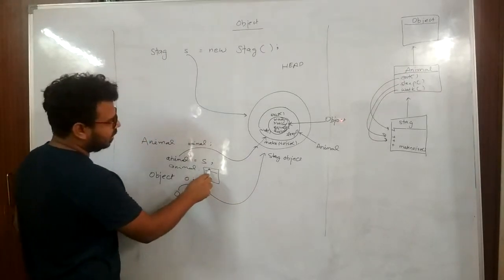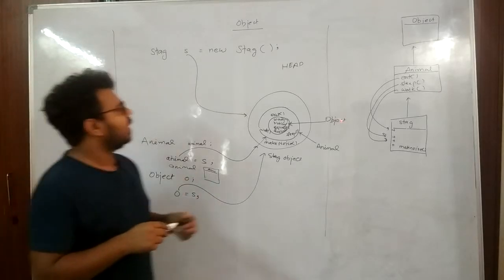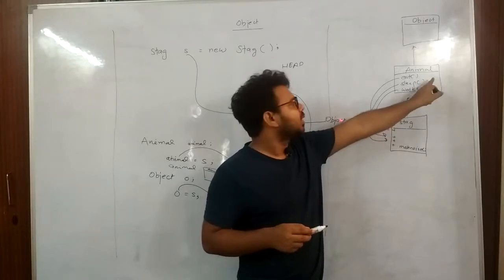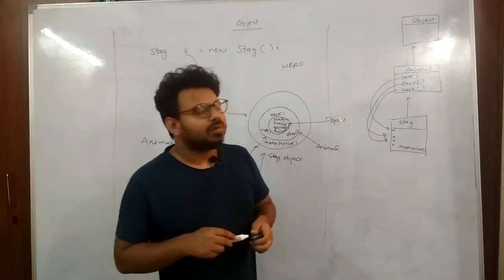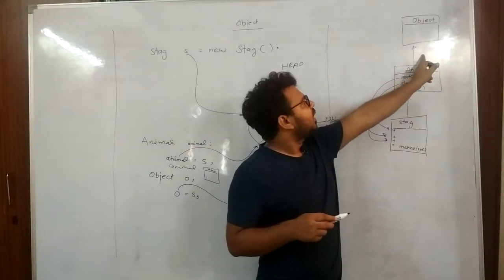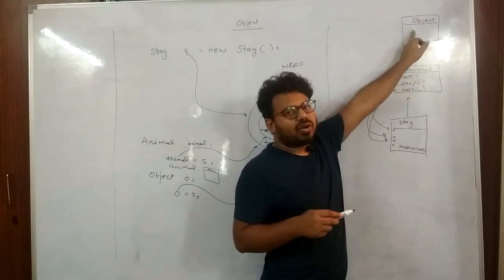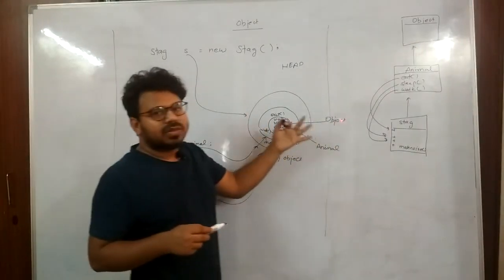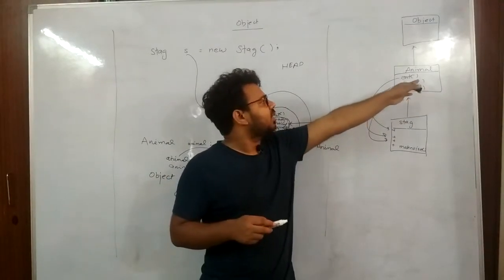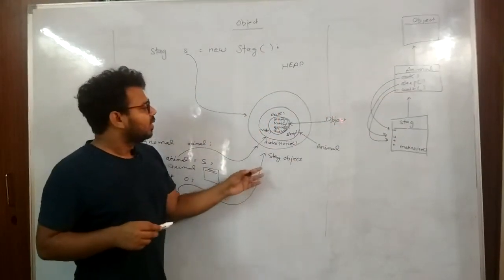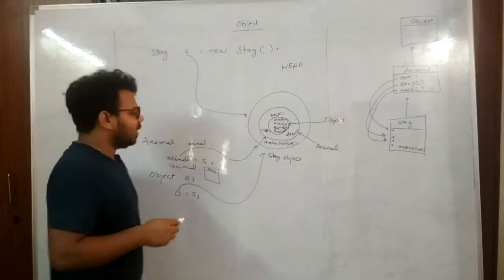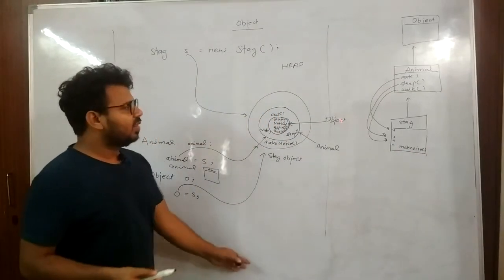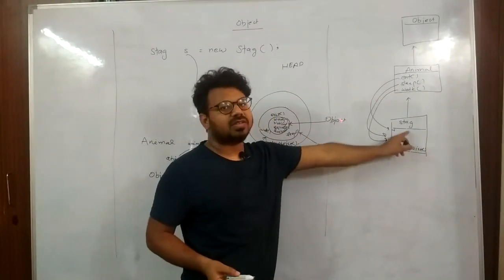That is, when we write animal dot, then what will happen? Here we are going to see only animal behavior, that is what animal has: eat, sleep, walk. These three behaviors. But one thing more, since this animal inherits all the methods from the object class, that is hashCode, equals and other methods, along with eat, sleep and walk, this animal is also able to access the object class methods, but not the method make noise, which is stack specific.